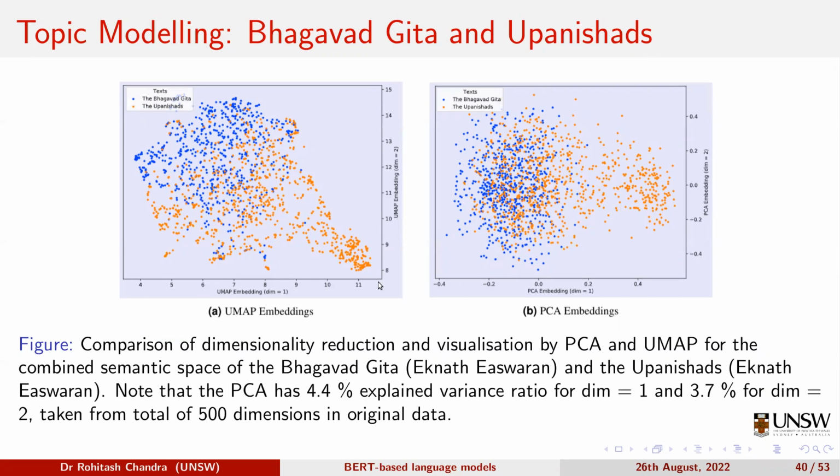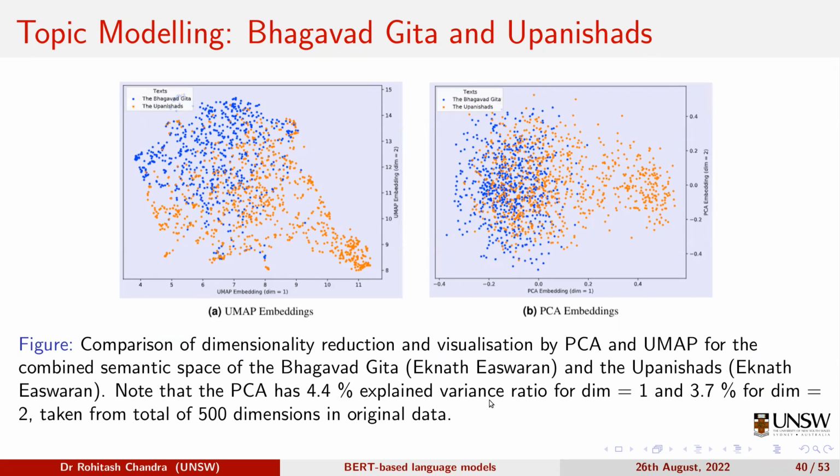So we see the topics that overlap in the Bhagavad Gita and the Upanishads by looking at the UMAP embeddings and the PCA embeddings. You can see that PCA has a 4.4 explained variance ratio for dimension 1 and 3.4 for dimension 2, taken from a total of 500 dimensions in the original data.